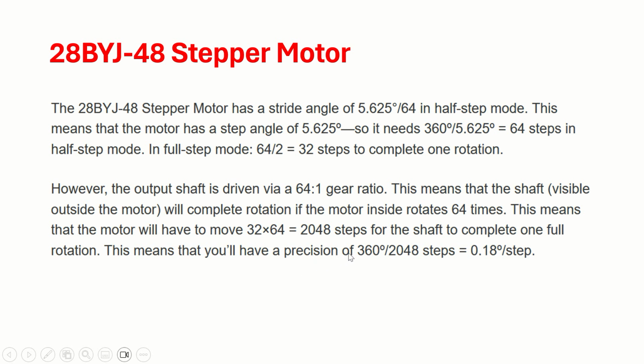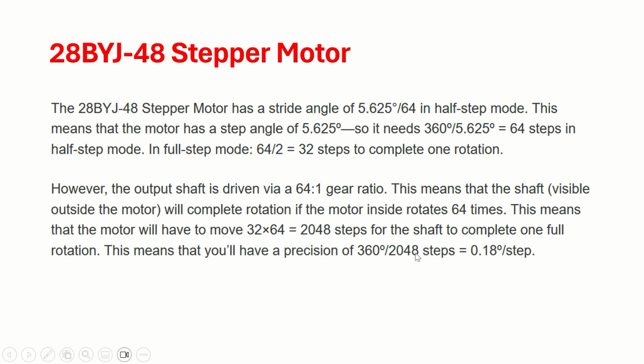This means that you have to write a program for 360 divided by 2048 to get 0.18 degrees per step. This is what I was trying to tell, that the construction of the motor is such that the internal organization, gear ratio, winding placement is such that if you give one pattern, it will make one step.